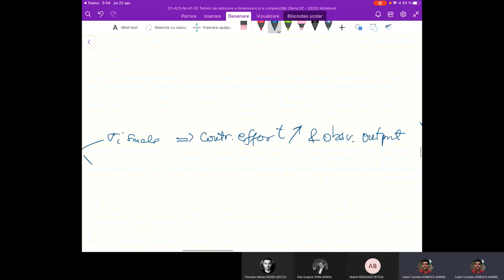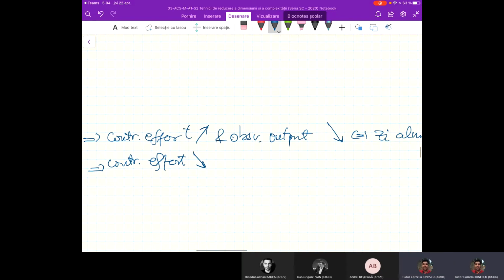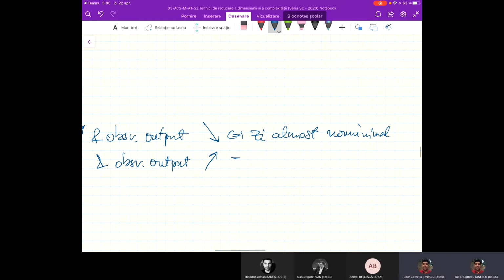If sigma i is large, then the controllability effort is small, which is good. We don't need much effort to steer the state, and the observability output is large. That means that zi is very minimal, in quotes.